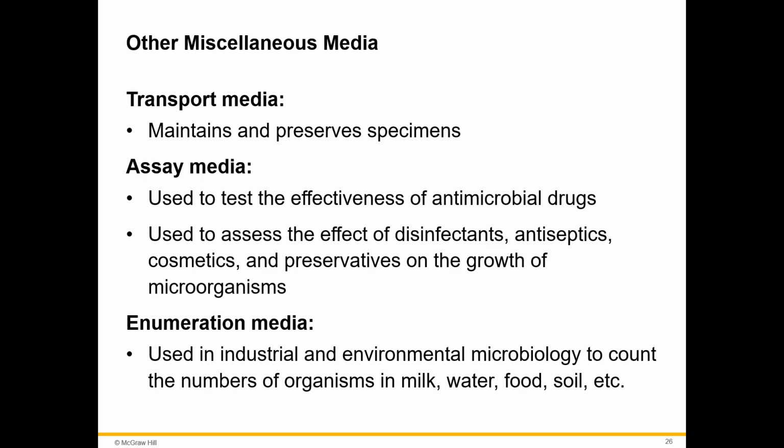Assay media is used to test the effectiveness of certain drugs. It's used to assess the effect of disinfectants, antiseptics, cosmetics, preservatives on the growth of microorganisms as well. And then there's enumeration media, which is used in industrial and environmental microbiology to count the numbers of organisms in milk, water, food, soil, and so forth. So enumeration media allows us to do cell counts.